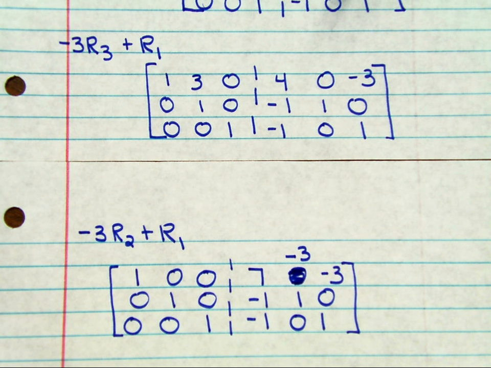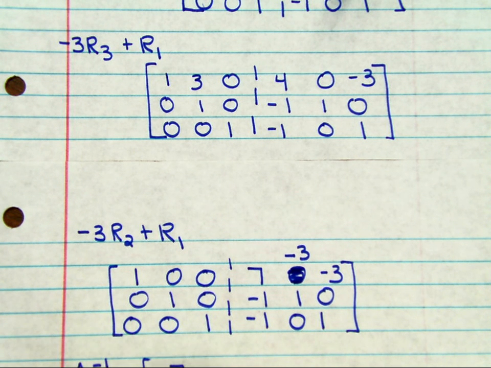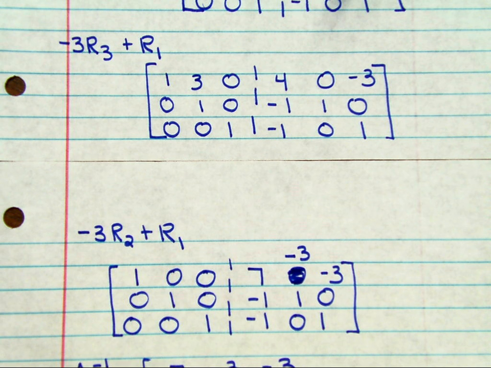Okay, this means that the inverse of matrix A is 7, negative 3, negative 3, negative 1, 1, 0, negative 1, 0, and 1.